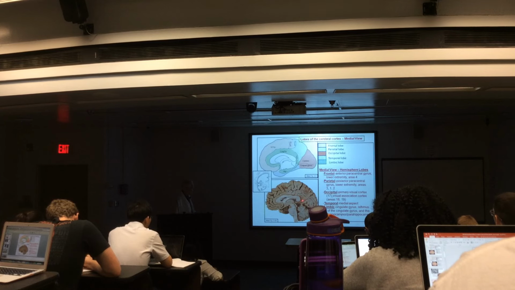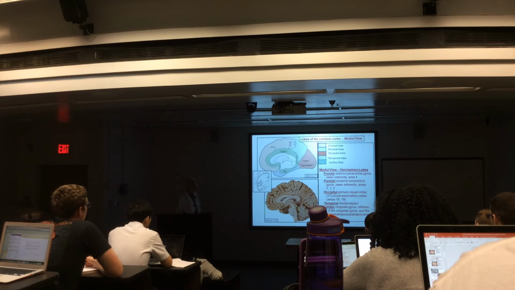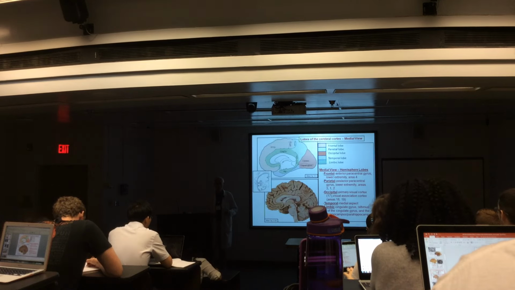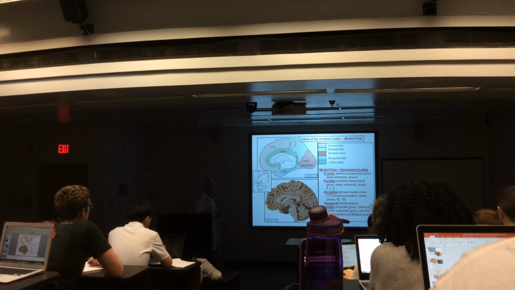This part that bends around here is the isthmus of the cingulate gyrus, and then it continues, we don't see it here, onto the medial and inferior surface of the hemisphere as the parahippocampal gyrus. So those are the three main parts of the limbic lobe, and we can see two of them from this view right here. The one thing I want to draw your attention to is the cingulate sulcus, coming along here, and then you see it abruptly bends up like that.